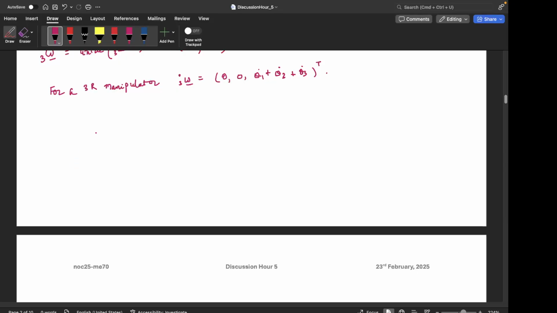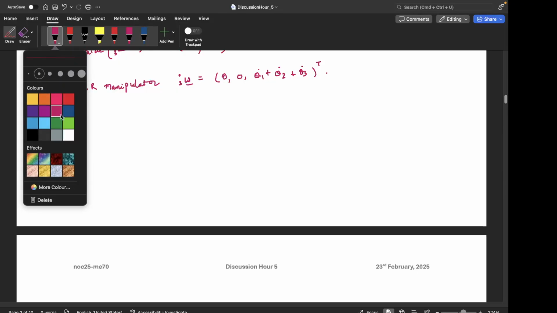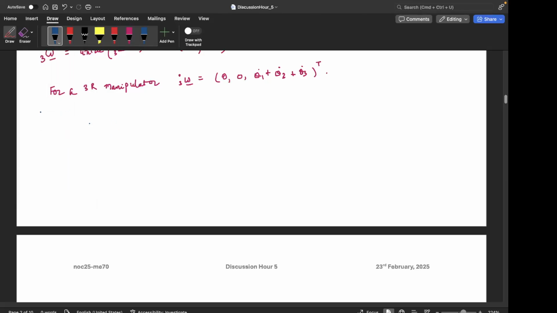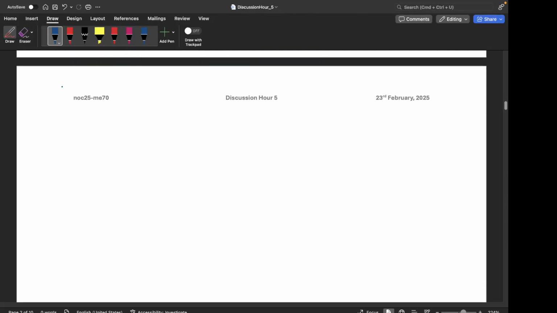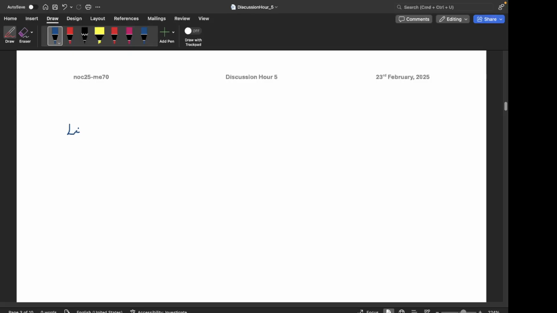Let me start from a new page. So first we will see that, let's say this is a general rigid body, right?